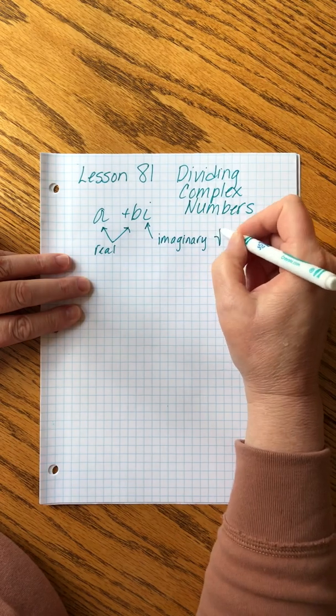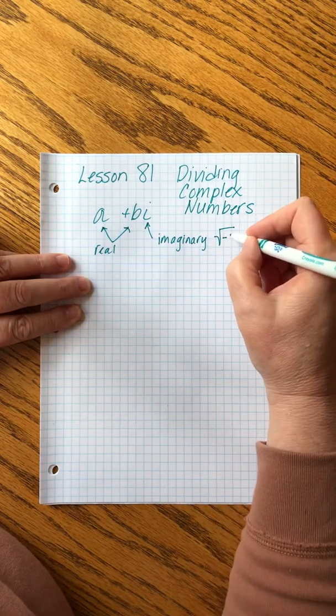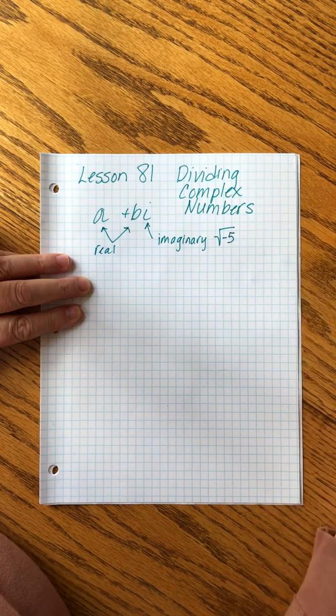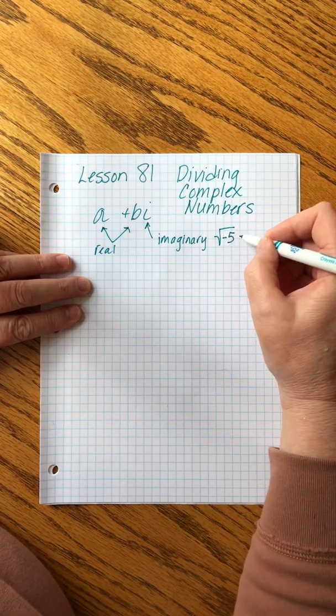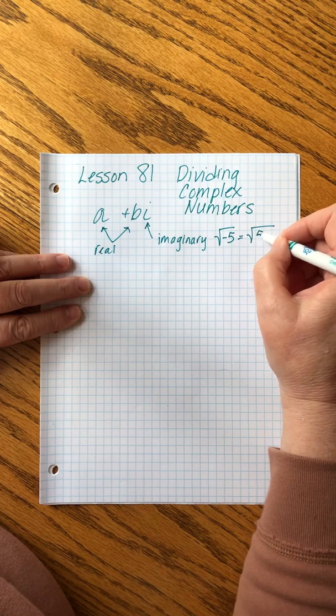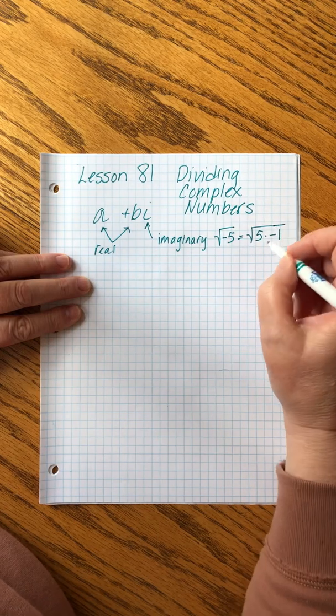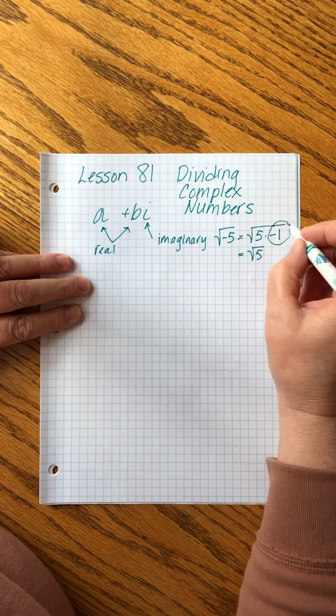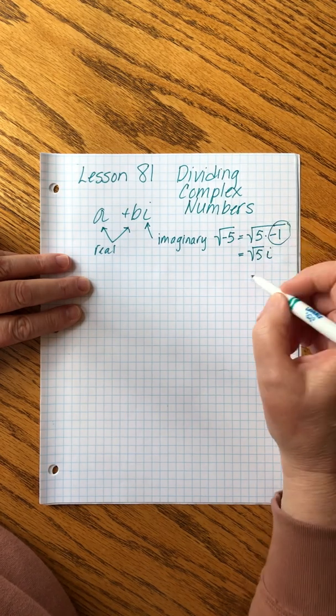Imaginary numbers come about when we have things like, well, let's just make it simple. Square root of negative 5. This would be reimagined as 5 times minus 1, and then we would say square root of 5, and this square root of minus 1 becomes an i.